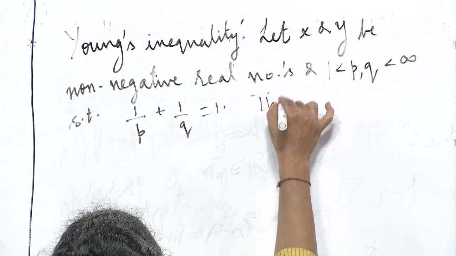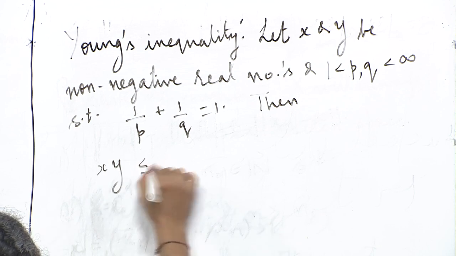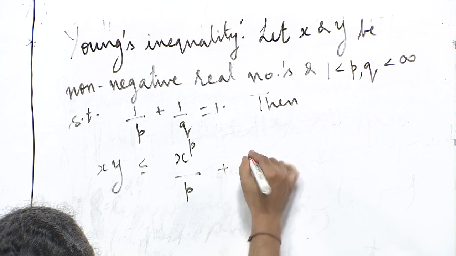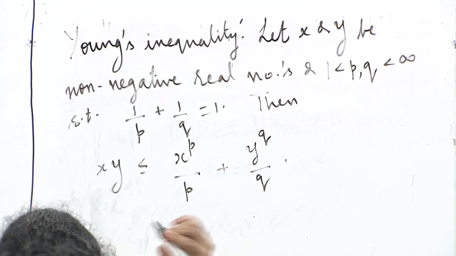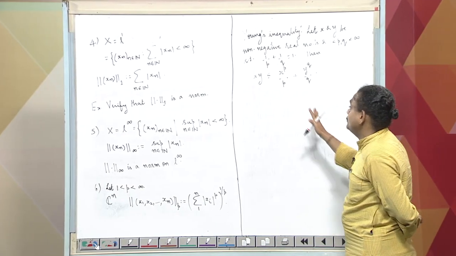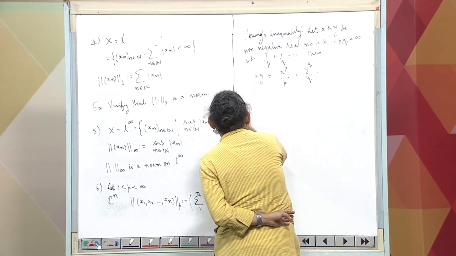Then the product xy is less than or equal to x raised to the power p upon p plus y raised to the power q upon q. Right. So, this is one of the fundamental inequalities which we will be using from calculus, right.